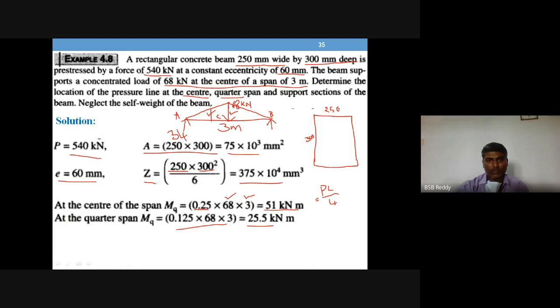We need the bending moment at quarter span, half of 1.5 meters, which is 0.75 meters.